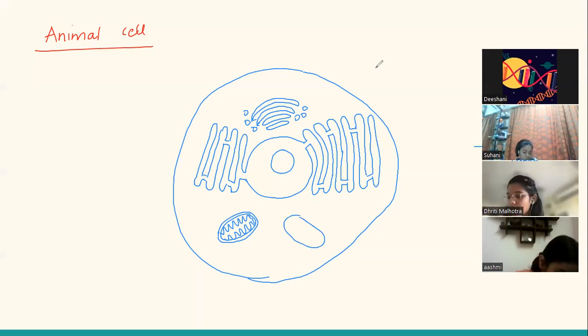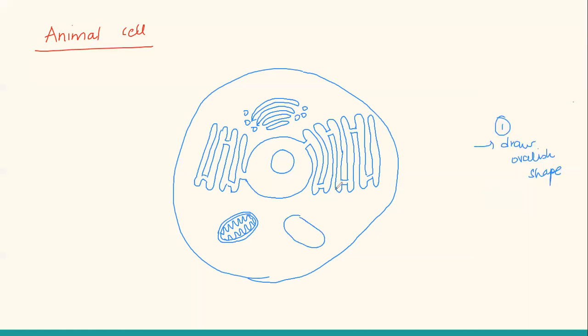Okay, I'll label it also now only because that seems like a better idea. Right? Oh, I forgot. I made all this, but I forgot to put the rough endoplasmic reticulum part.